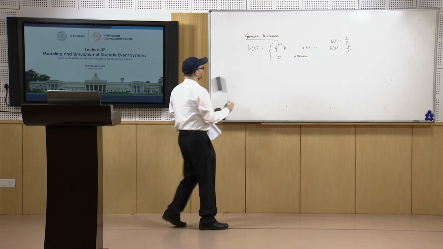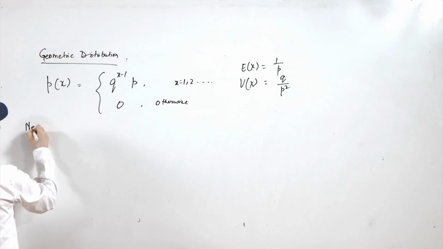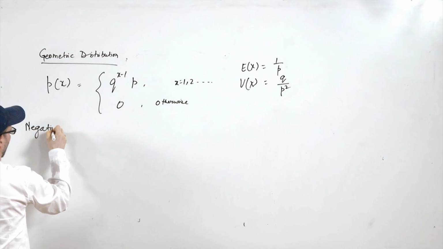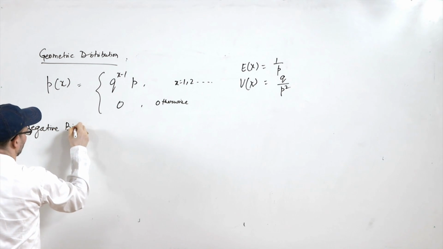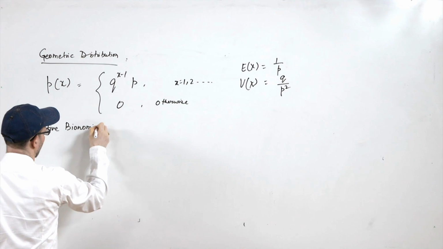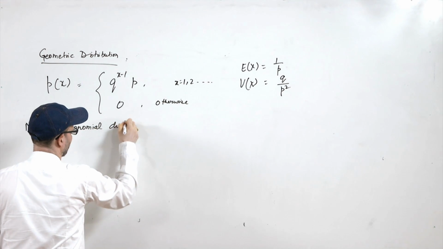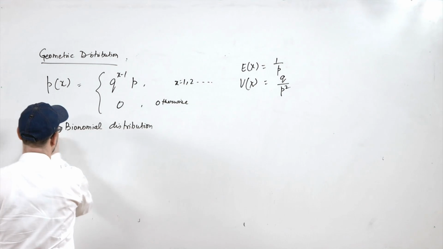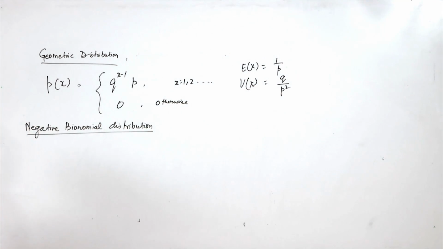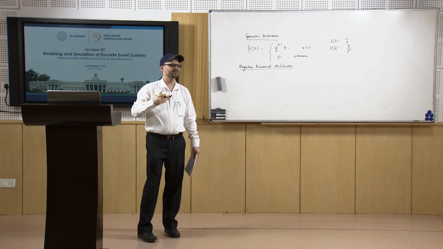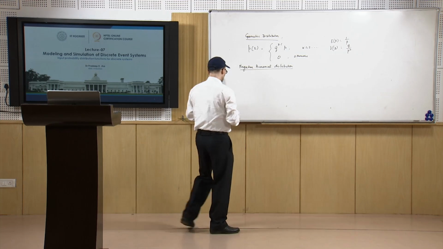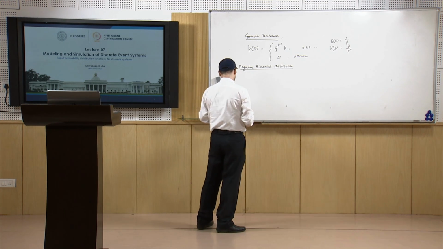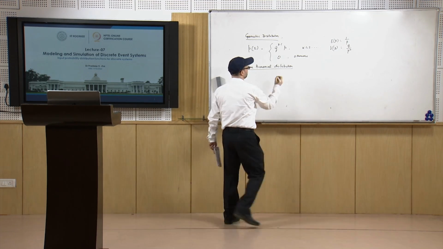So, for the negative binomial distribution, since it has the meaning of going until, that is why it is negative binomial, and in this case you have two parameters p and k.